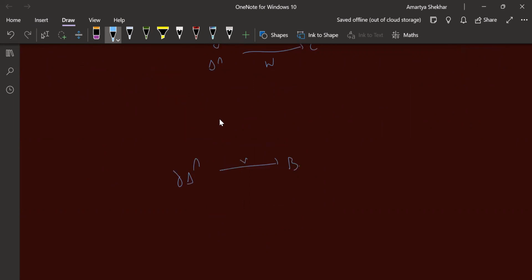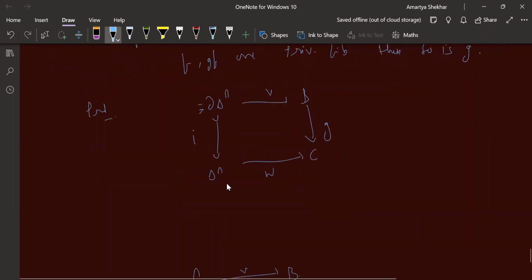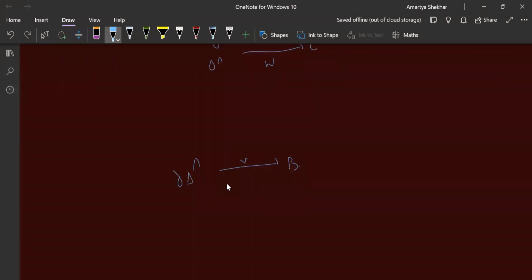I'm sorry, I think maybe I should have talked about this before. Let me say the way I'm decorating my arrows. This one denotes a cofibration, and this denotes a fibration. The squiggly one is a trivial fibration. This squiggly one is a trivial cofibration.